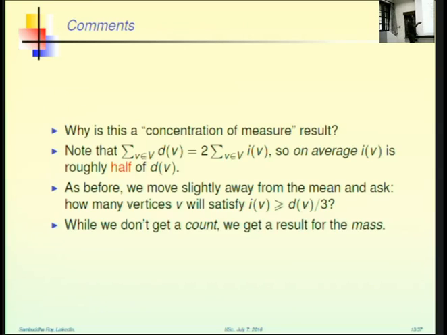I'm just taking the two here and comparing term by term. Of course, that may not happen. One IV may be very close to dV, another IV may be very small compared to dV. That is why you should think of this statement as saying something in aggregate or on average. So on average, IV is roughly half of dV. And that's the marker.